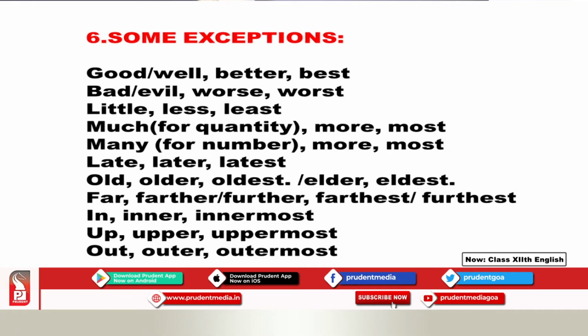The adjectives are in the beginning, and then of course the other two degrees of comparison. Bad or evil, worse, worst; little, less, least. Much is for quantity: more, most. Many is for number: more, most.